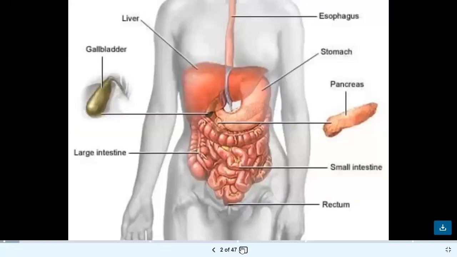Here in this picture, you can see the anatomy of the human body, which shows the positions of the liver, stomach, pancreas, and intestine, small and large intestine.